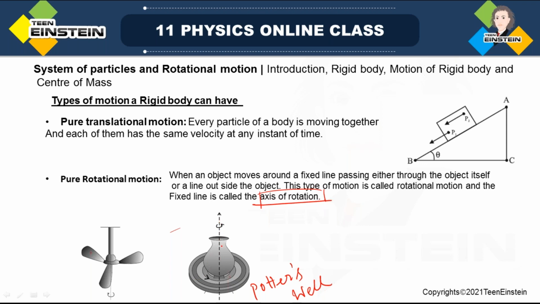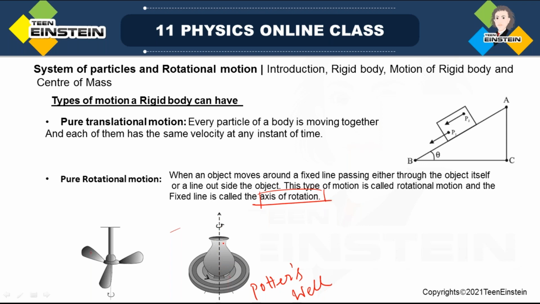And it is rotating about a fixed line, or axis of rotation, which is passing through the clay itself. Out of clay, this nice pot has been made, and now the pot is moving with the wheel, having an axis of rotation through the pot.